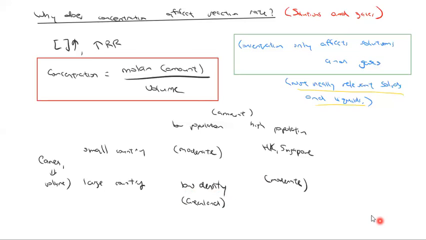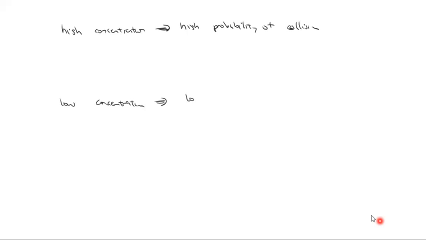So you can see that basically high concentration means that you've got a high probability of collision. Does that make sense? Yes. And if you've got low concentration, you're going to have a low probability of collision. Now, of course, a collision doesn't mean it's successful, but to have a reaction occur, you need to collide in the first place, and then you need them to be successful.